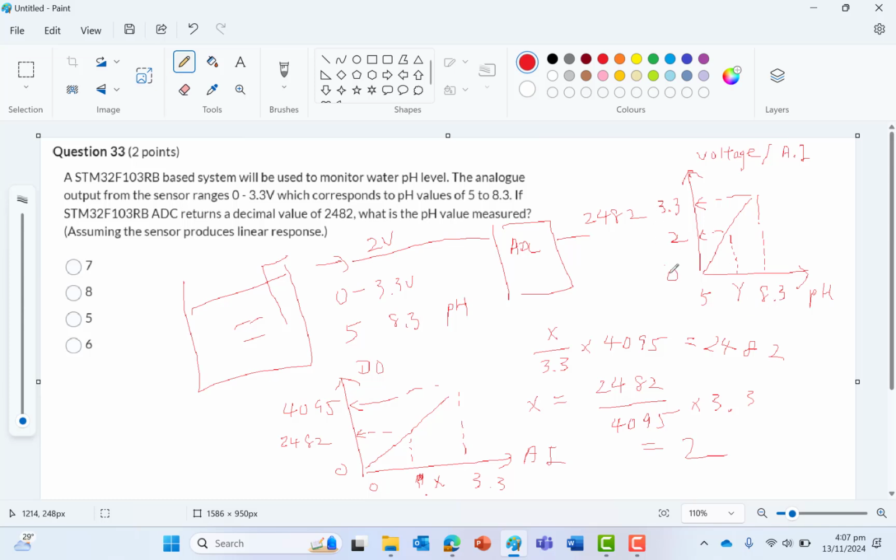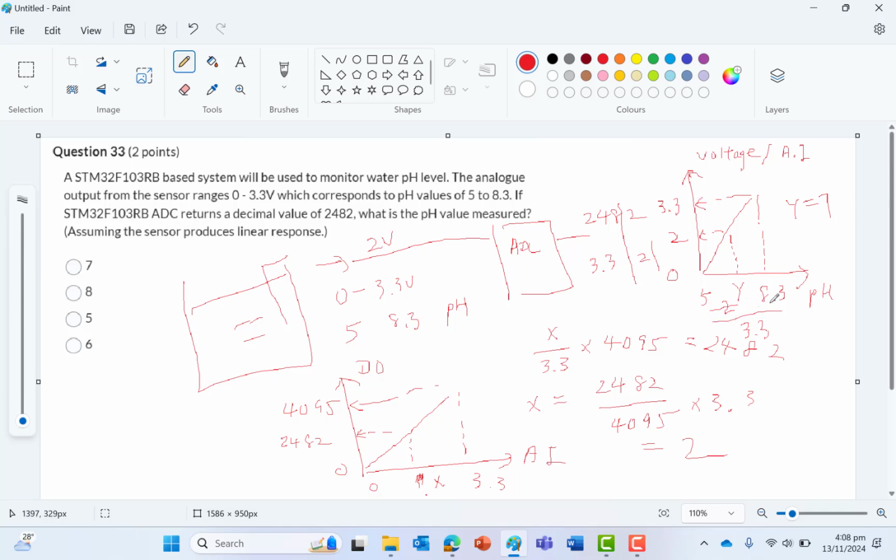If here goes up by 2, from 0 until the maximum of 3.3, then you go to the right by 2. I'm sure you can see 5 plus 2, this y is actually equal to 7. This is how you see the answer.